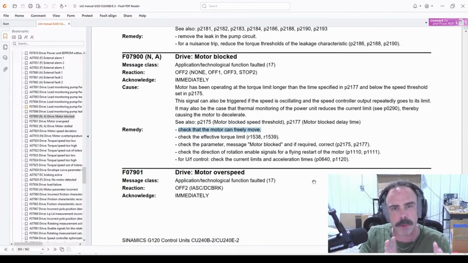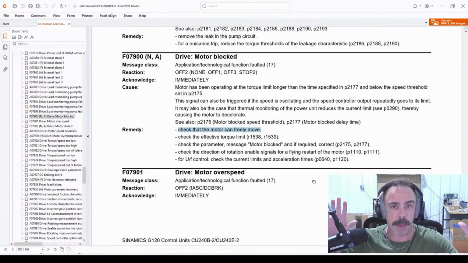Your actual value coming in is negative while the controller wants to go in a positive direction, so it thinks it can't move.